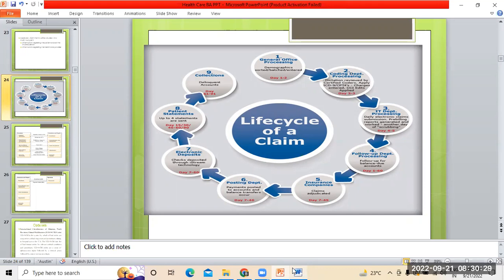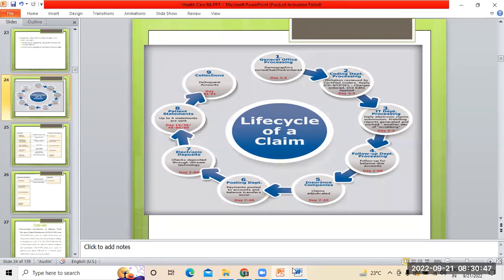the patient statements will be attached to the existing process, whatever we have finalized in the claim life cycle. That will be sent to the collection department on the final note.